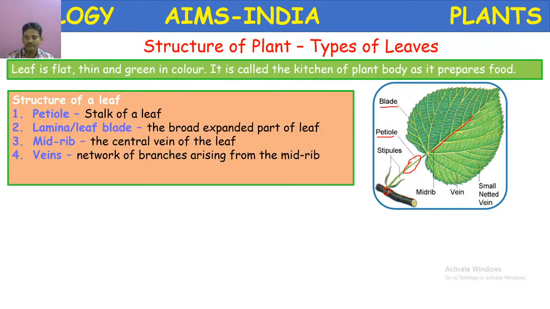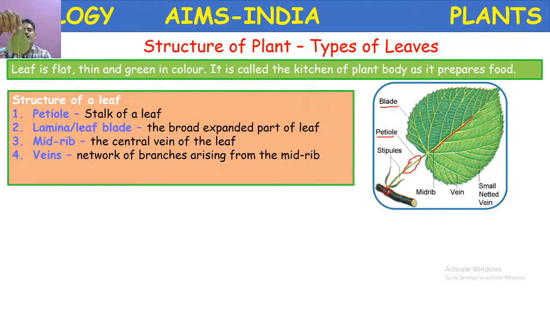Vein and veinlet. You see here, the central portion is called a midrib. This is called a petiole, to which the surface, this total surface of the leaf, is called the lamina. Then veins are arranged like this.